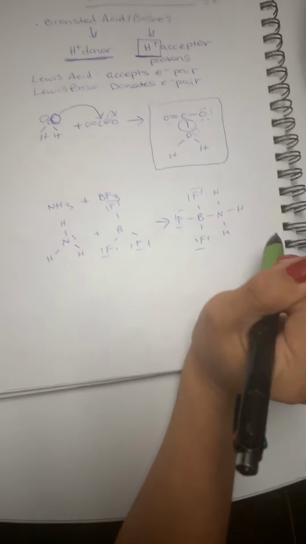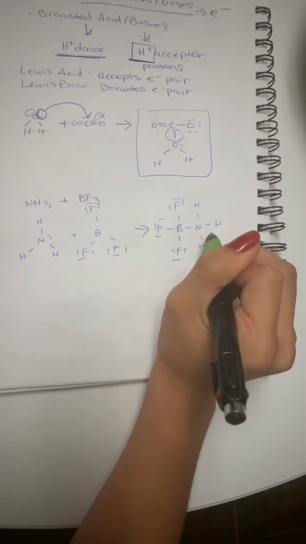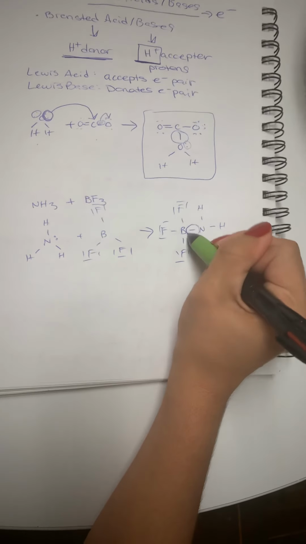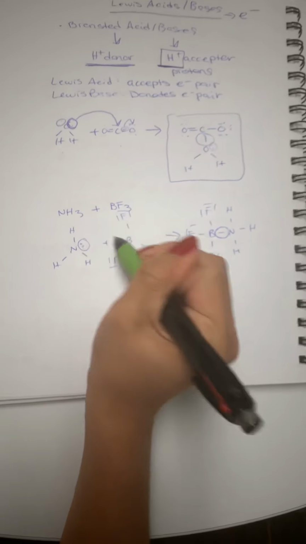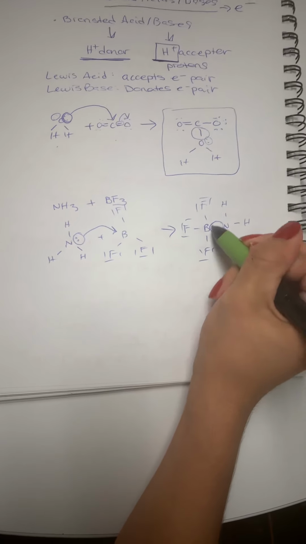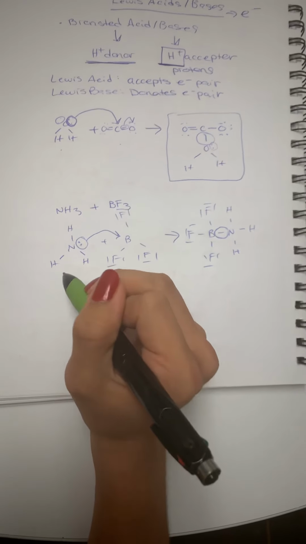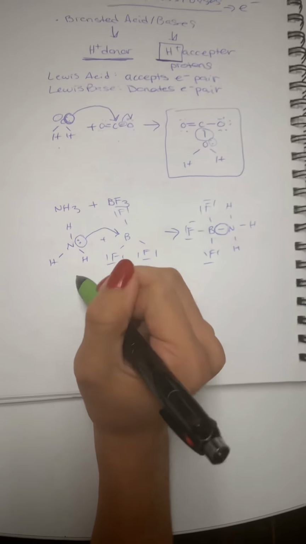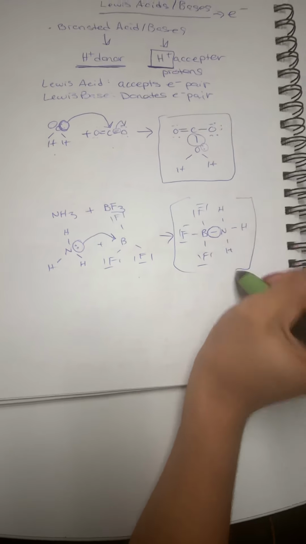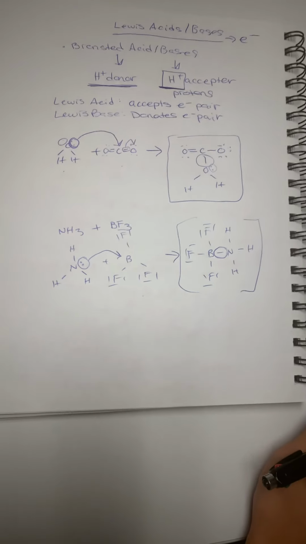There we go. So what had to happen? If you notice over here, nitrogen lost that lone pair. It's no longer there because this lone pair connected to the boron to make that little bridge. So since it donated that electron pair, this would be your Lewis base, and this will make it the Lewis acid.